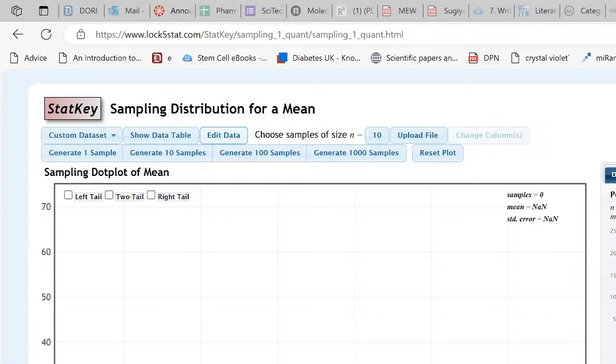Okay, let's do it. Sample size 9. Let's start banging on this. We'll get up to 10,000 each time. But look at the shape. Where did the skewness go?